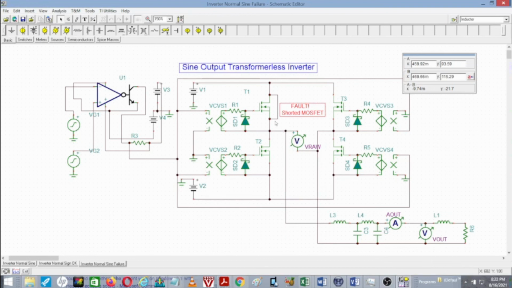Now there are other things besides shorted MOSFETs that can cause this condition. A controller or the controlling circuitry can develop faults that can look exactly the same way, where somehow they're providing a turned-on gate drive at all times. So the cause of this particular defect can occur in several points within the transformerless inverter circuit.